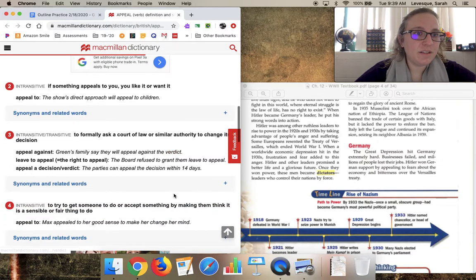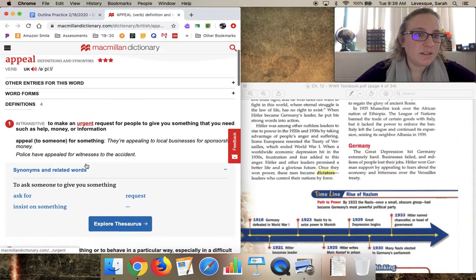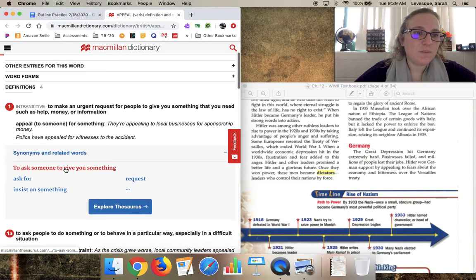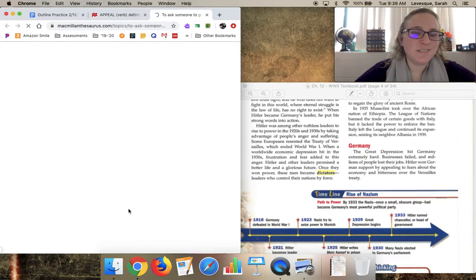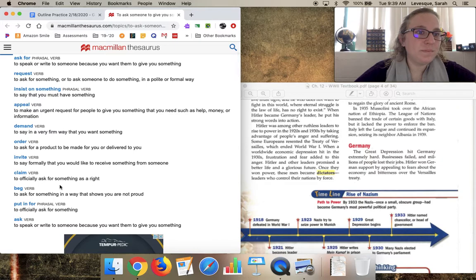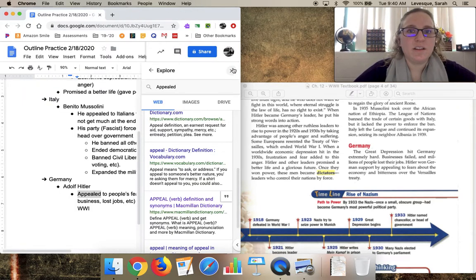So, synonyms. Asked for, insisted on, requested. I don't like this thesaurus. Begged, put in for, asked, requested. I guess we could use one of those.